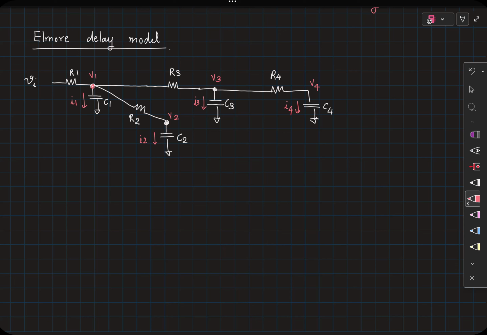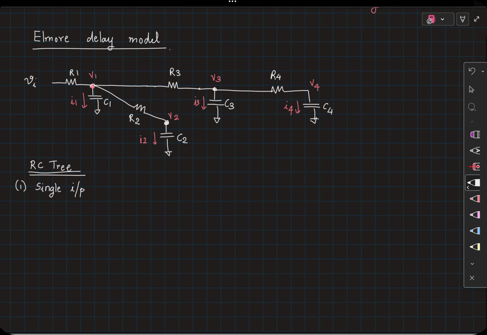Now, this Elmore delay calculation can be applied only on an RC tree. Let's quickly look at the characteristics of an RC tree. The first important characteristic is that there has to be a single input into your system. You cannot use these expressions which we are going to derive now if there are multiple inputs. There should be a single input point.